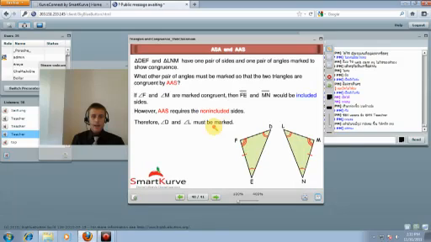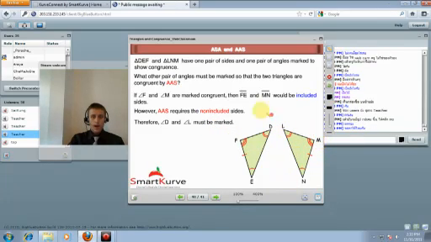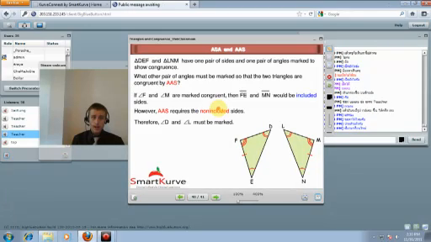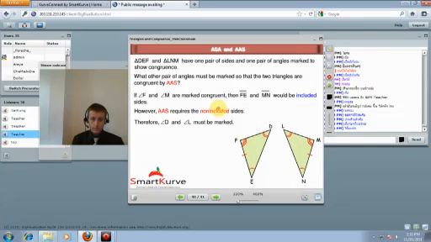Triangle DEF and triangle LNM have one pair of sides and one pair of angles marked to show congruence. What other pair of angles must be marked so that the two triangles are congruent by angle, angle, side? That was a question.